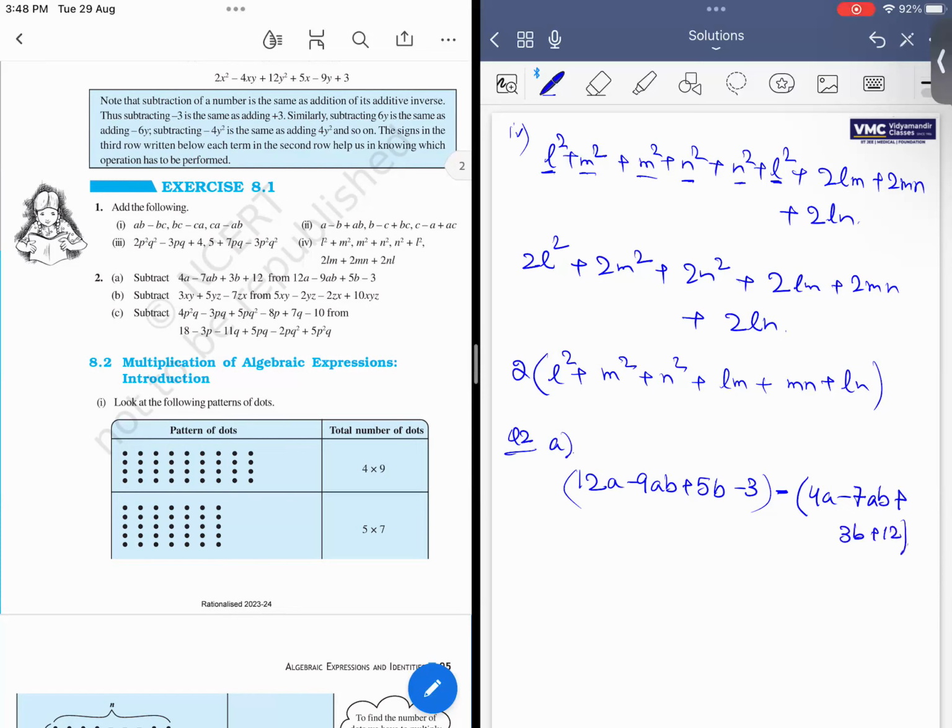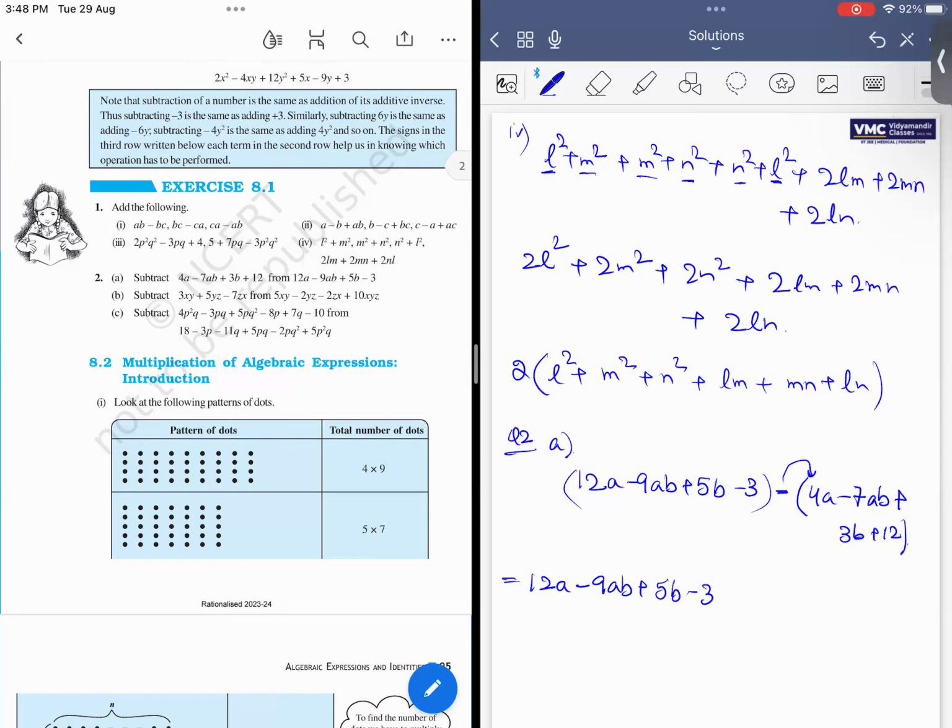Now open the bracket of the second expression with proper sign. Now see how we open. So the first expression in the bracket remains as it is, no changes. So we just open it like 12A minus 9AB plus 5B minus 3. Now for the second expression in the second bracket, you see minus times, this minus will be multiplied to each of the terms inside the bracket.